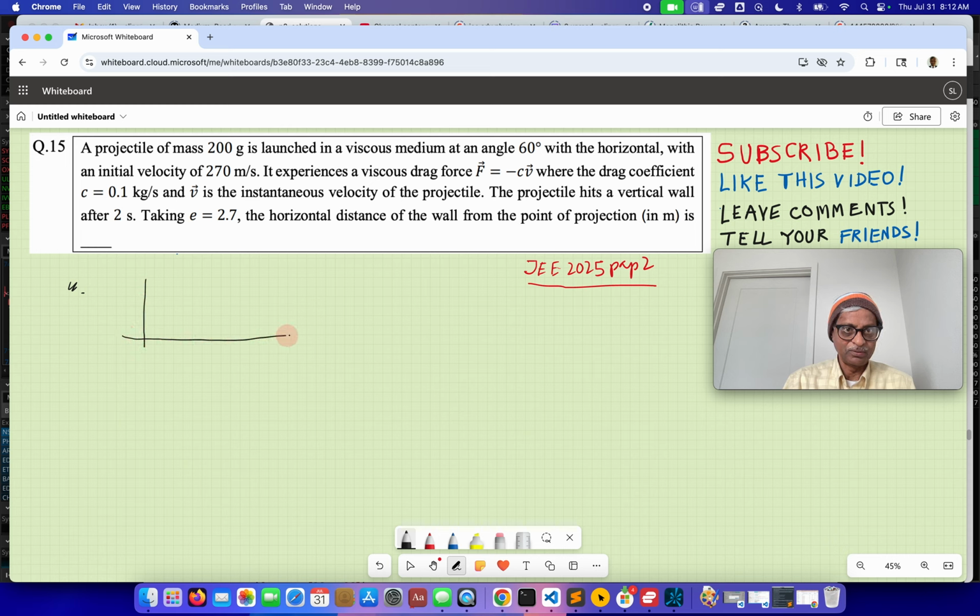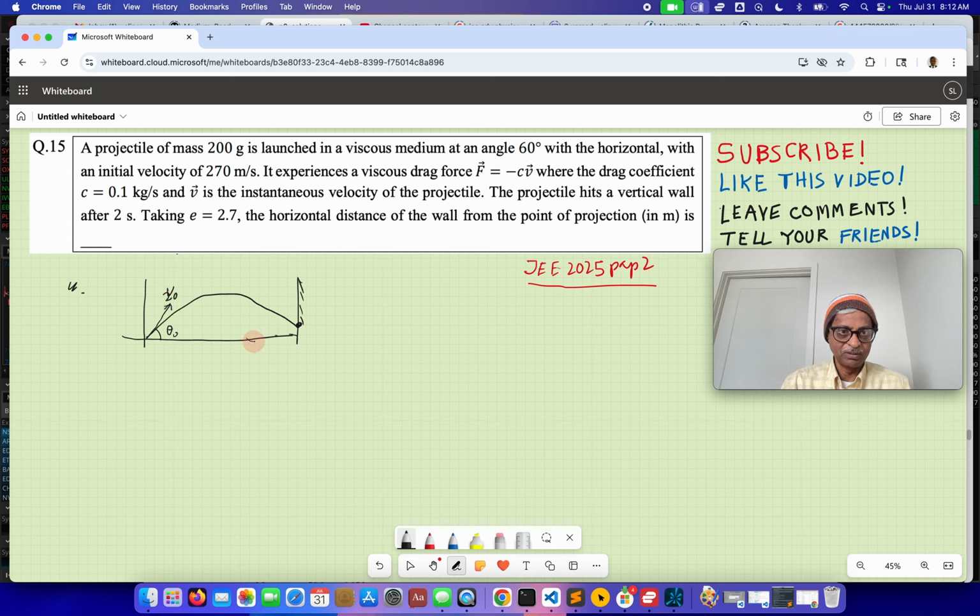And there is a wall here, and it hits the wall somewhere. It's not a total parabola, it's the wall. Initially it is some V0 and some angle theta 0 with the horizontal.